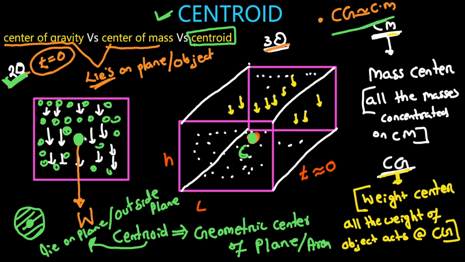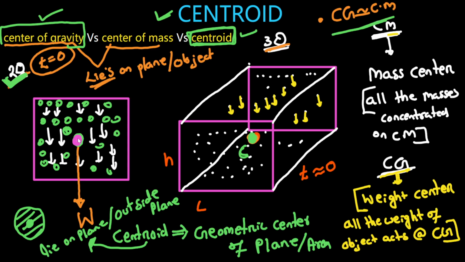The whole area is concentrated at this single point, and the center of gravity means whole weight of the object is concentrated at this single point. So for a 2D plane, the center of gravity Cg and the centroid are the same. Getting my point? These two are coinciding at a single point, at this point, okay.